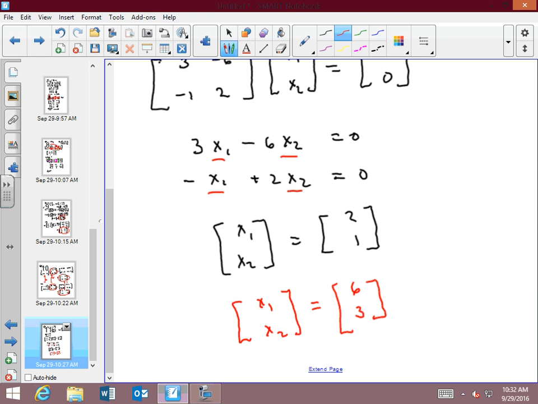See, if you went 6 times, put 6 in here, 3 times 6 is 18, 6 times 3 is 18, equals 0. And then if you put 6 in here and 2 times 3. So you could do anything as long as the ratio was like that.